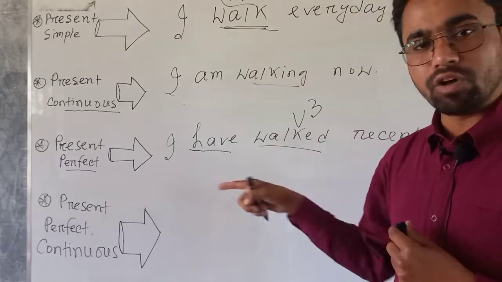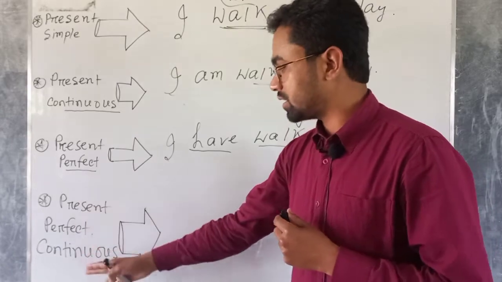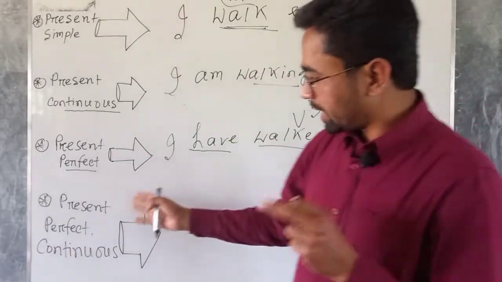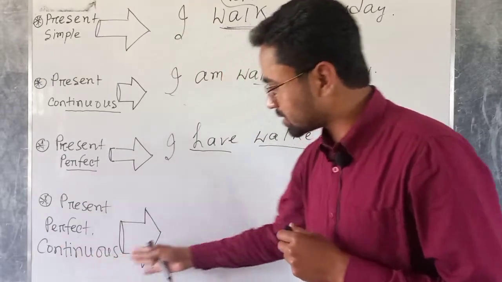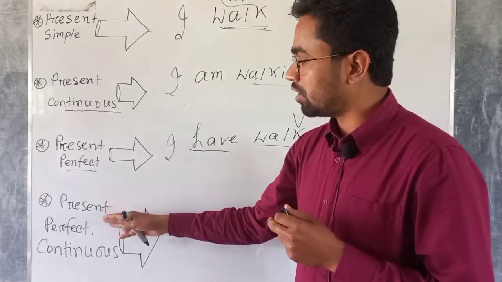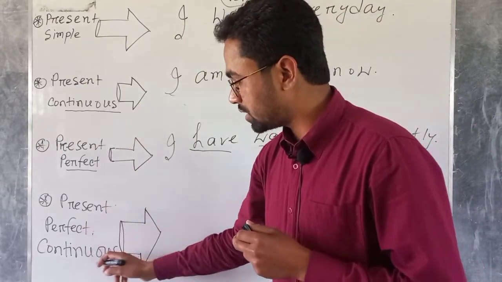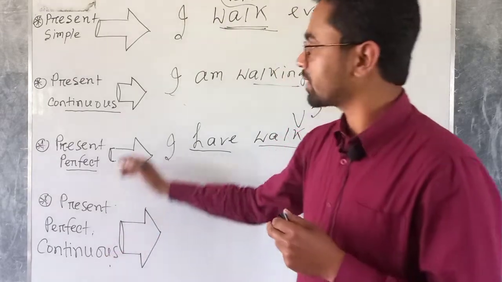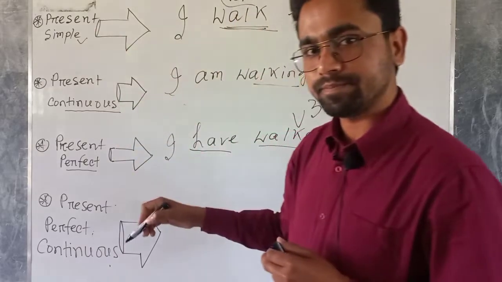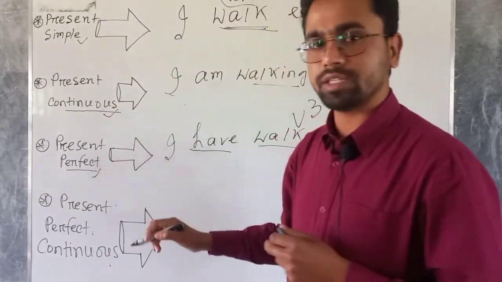Okay, let's move on to the last one, present perfect continuous tense. If you see this tense, here is a blend of other tenses: present simple, present continuous and also present perfect.